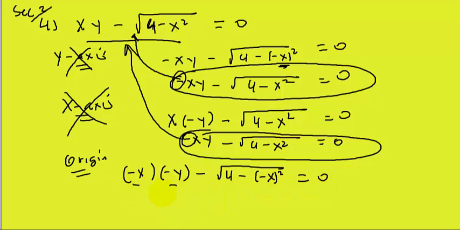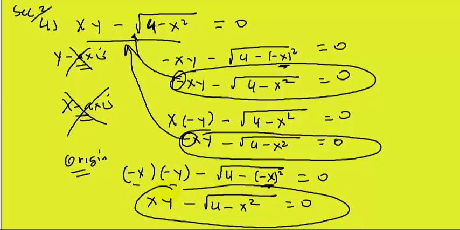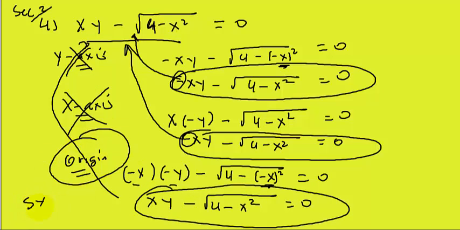Well, negative times negative is positive, so I'm going to get xy minus square root of 4 minus, when I square the negative x squared, I'm going to get positive x squared is equal to 0. Is this exactly the same as what we started out with? Yes. So then we say yes, it is symmetric to the origin.